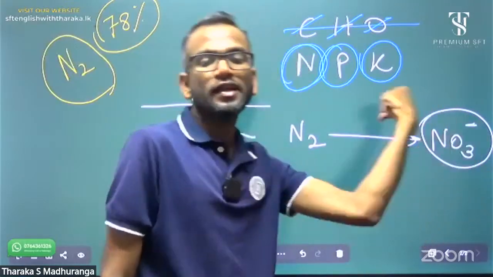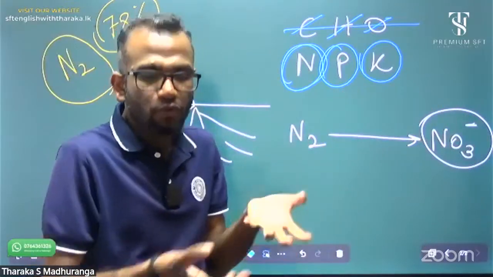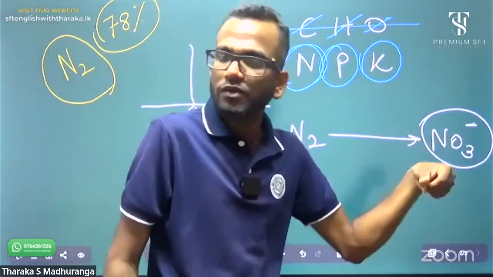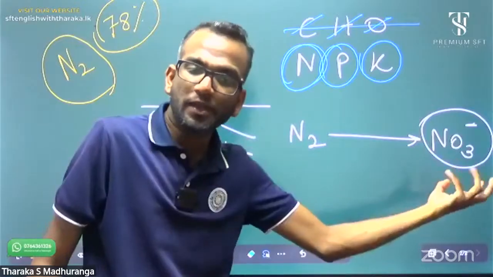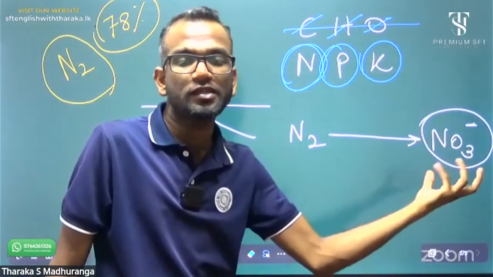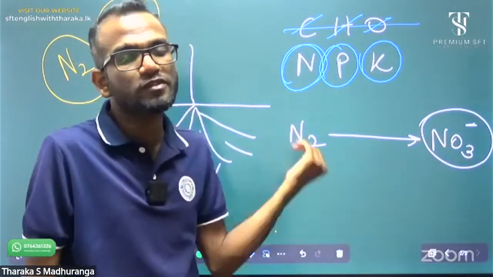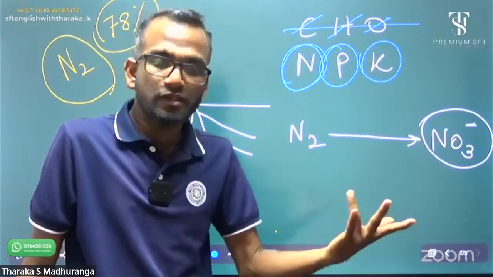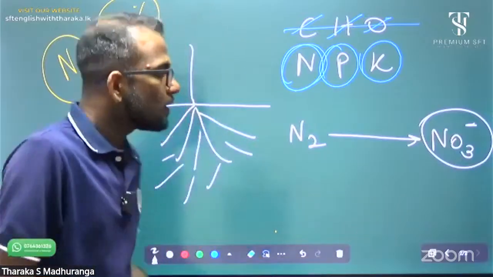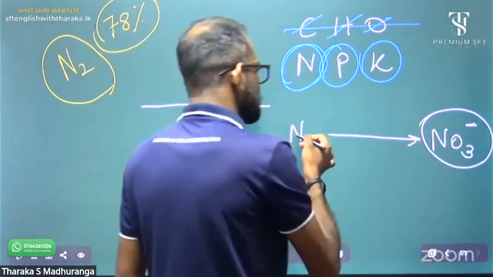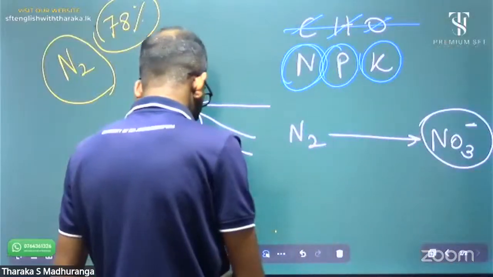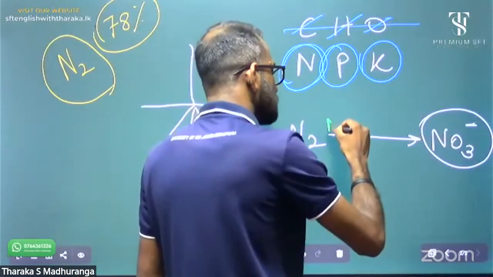This nitrate ion is dissolved in water, and along with the water it is absorbed as a mineral, as an ion, into the plant. This is the main method of absorbing nitrogen into the plant, through the root system after dissolving the nitrate ion in water. Understood? That is the conversion process. Nitrogen gas conversion into nitrate, this process we call nitrification.